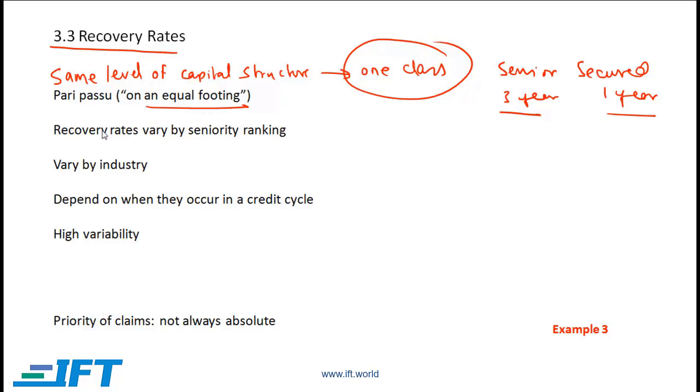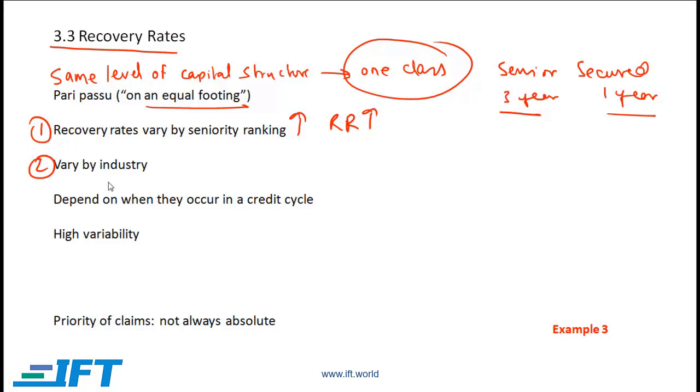A few general points about recovery rates. One, recovery rates vary by seniority ranking. This is obvious. If the seniority ranking is high, then the recovery rate will also be high. Point two is that recovery rates vary by industry.